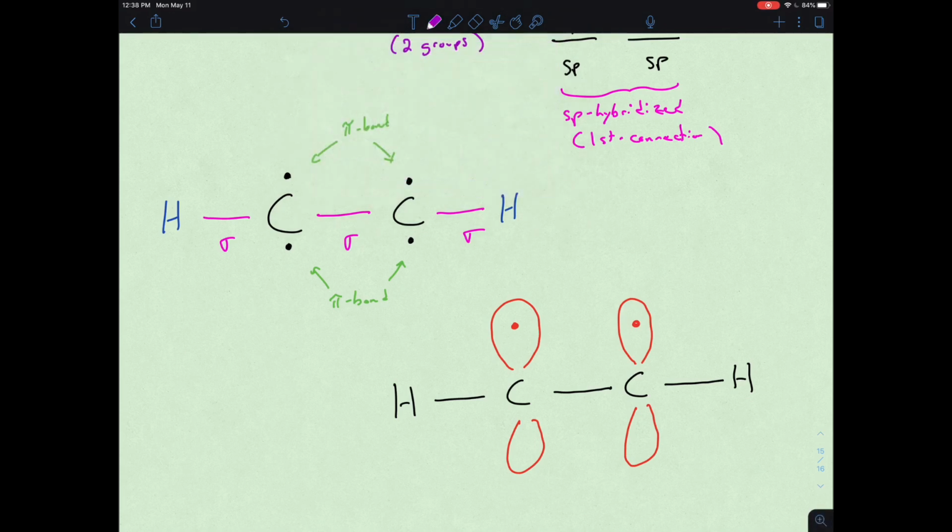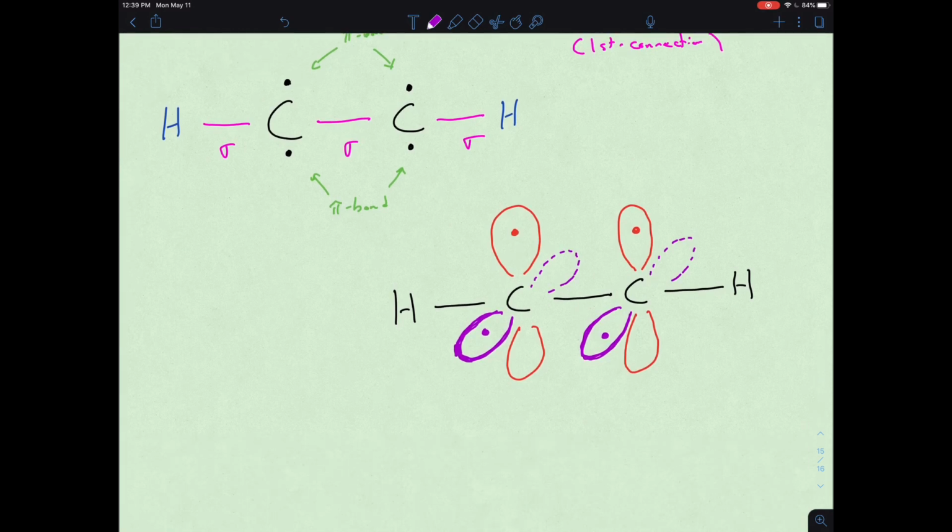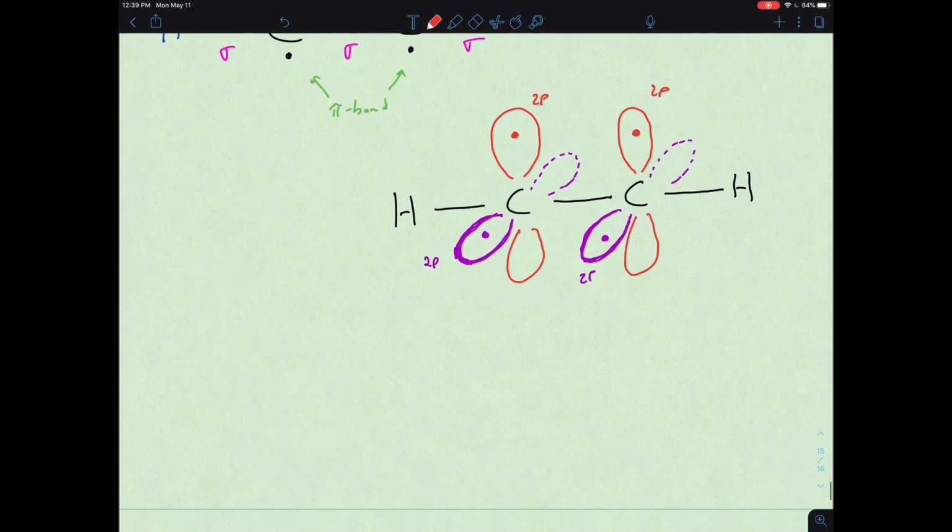And then we have a purple set of p orbitals that are also aligned with one another, so they're in the same axes. And so that's where we're now going to be seeing our pi overlap, with the 2 p's that are red and the 2 p's that are purple.